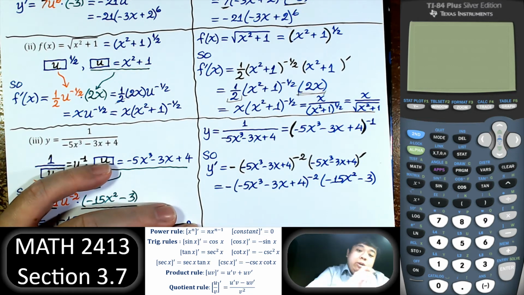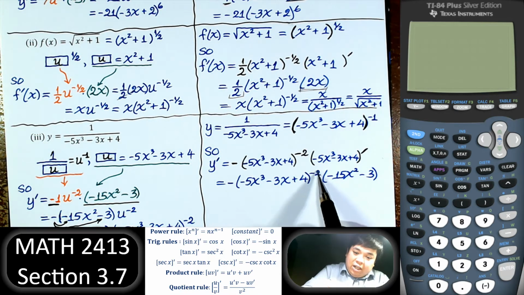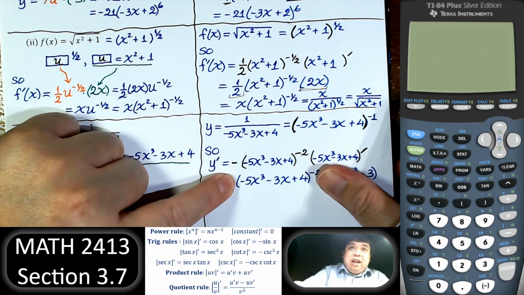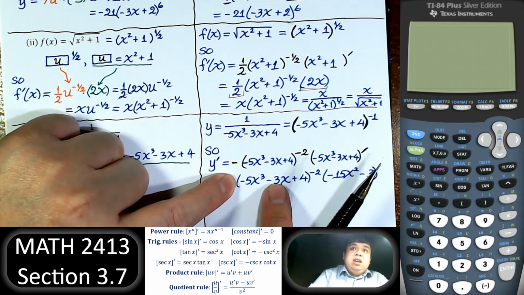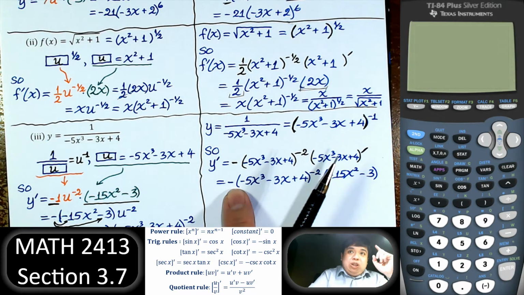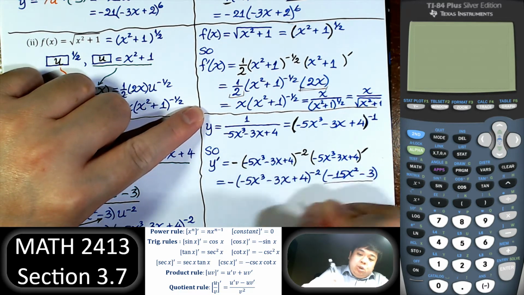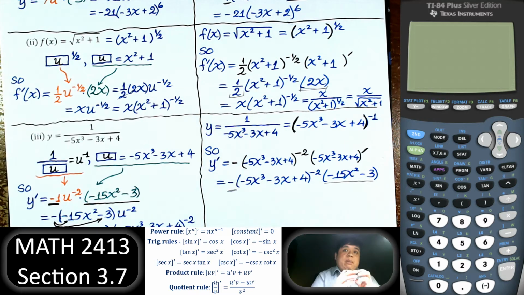Once again, we only multiply things that have the same power. This one has the negative 2 power, so we do not mess with anything. Do not bring anything inside if it has a different power. This one, negative by itself, we assume the power 1. This also has power 1. So those two things have the same power, and we can multiply together.